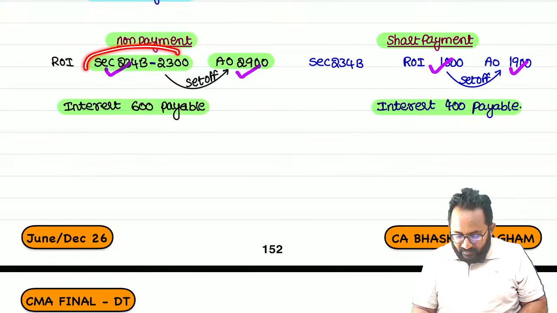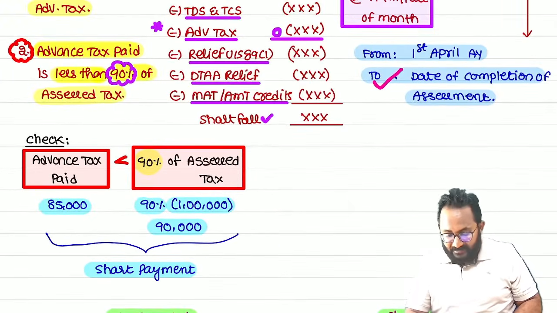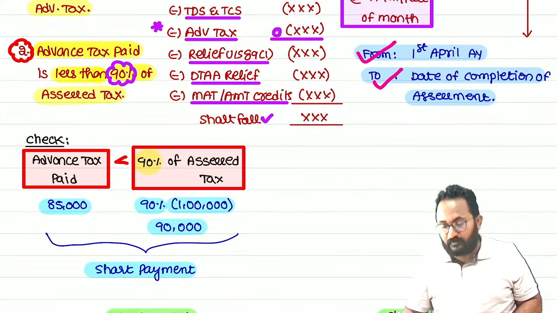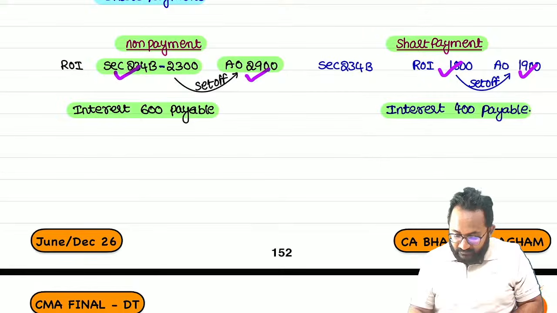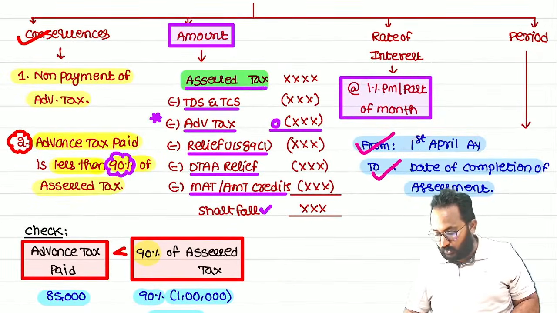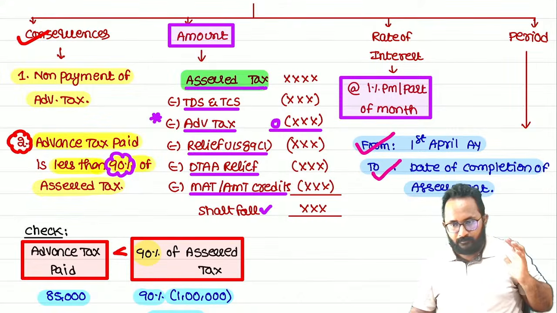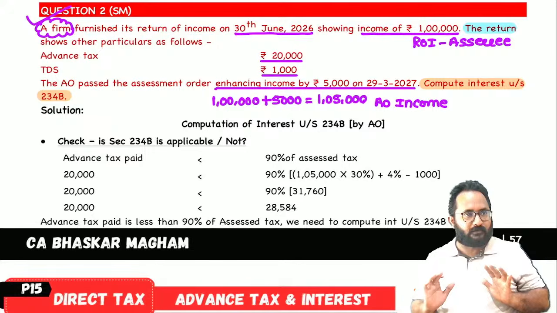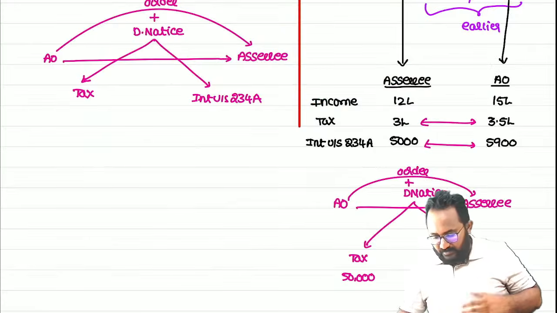When computing by the SSC: first day of that assessment year to the date of completion of self-assessment. When computed by the AO: first day of that assessment year to the assessment completion date by the AO. Now I will discuss this question. Always remember, this question is covering everything.